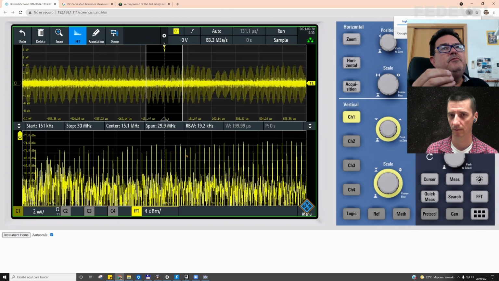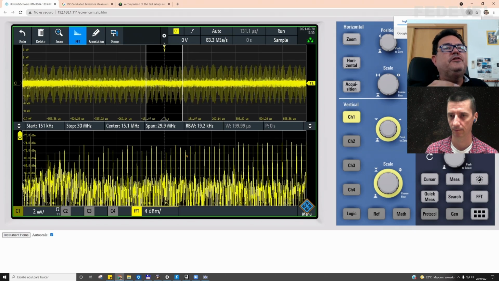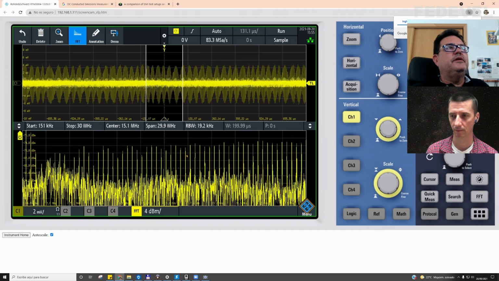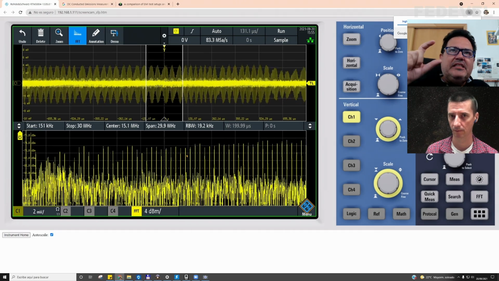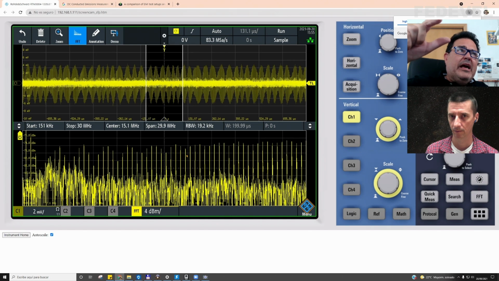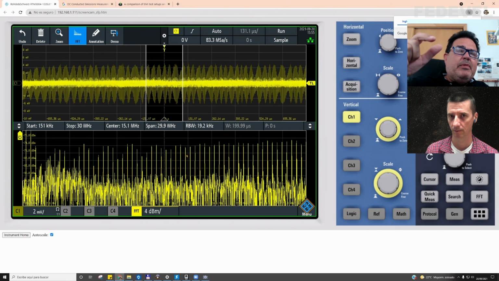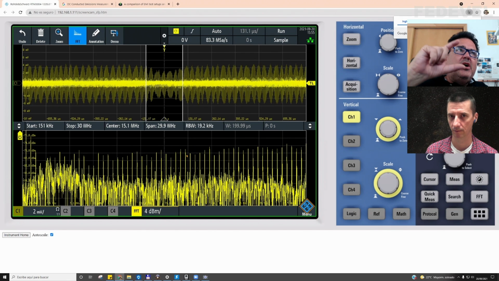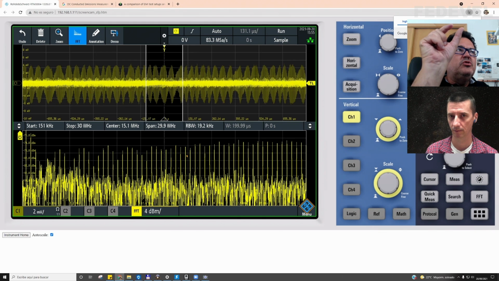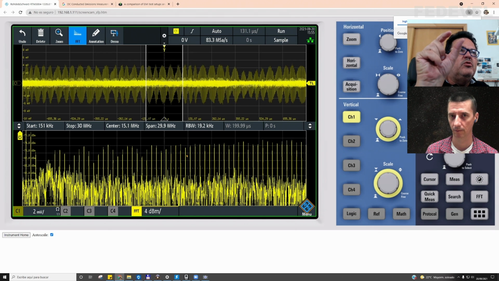And it's very important for the designers of filters to know what kind of mode they want to filter. For mains applications, we have X capacitors that go from line to neutral, Y capacitors that go from line to earth and from neutral to earth. We have differential mode chokes and common mode chokes.